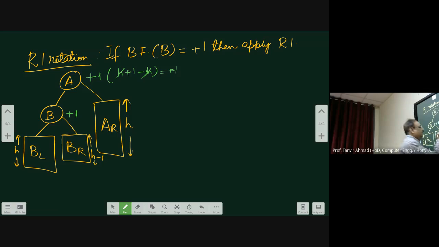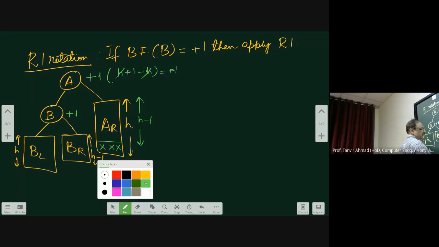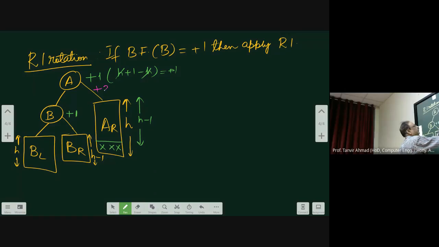Now, I am deleting a node from here. The new height is now this. Now the new balance factor will become plus 2, because h plus 1 minus (h minus 1) will give you plus 2.